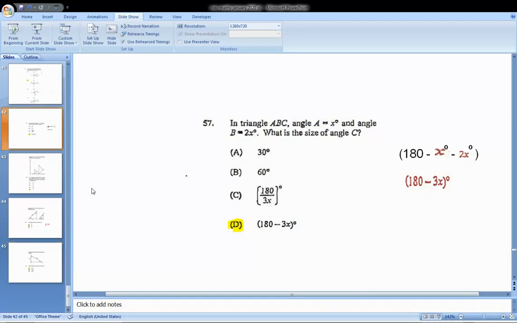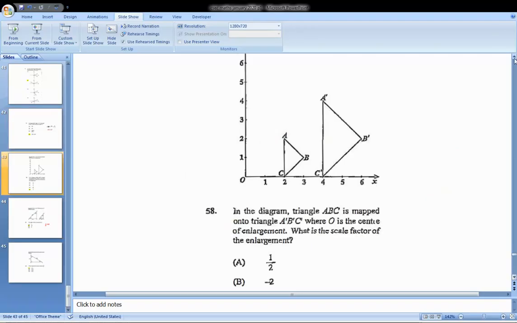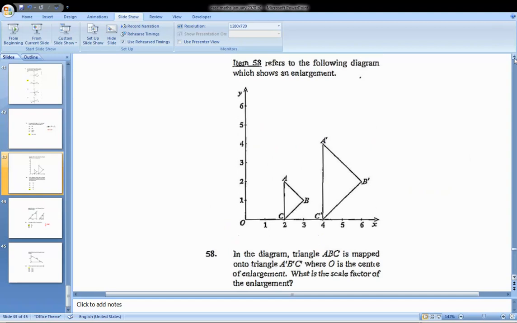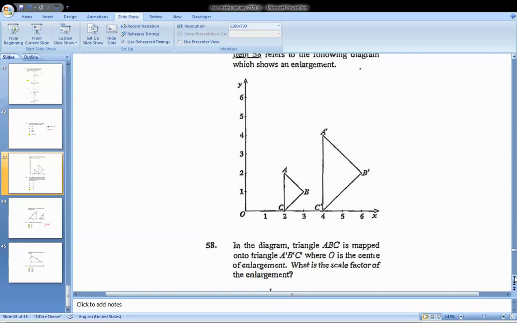Let's go to 58. So here we have 58. Item 58 refers to the following diagram which shows an enlargement. It says in the diagram, triangle ABC is mapped onto triangle A prime, B prime, C prime, where O is the center of enlargement. What is the scale factor of the enlargement? For us to determine the enlargement, we look at our figure.